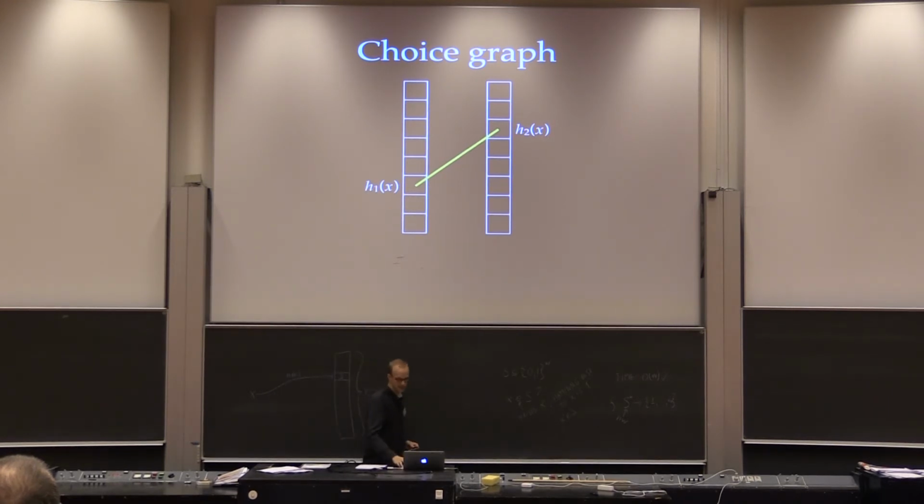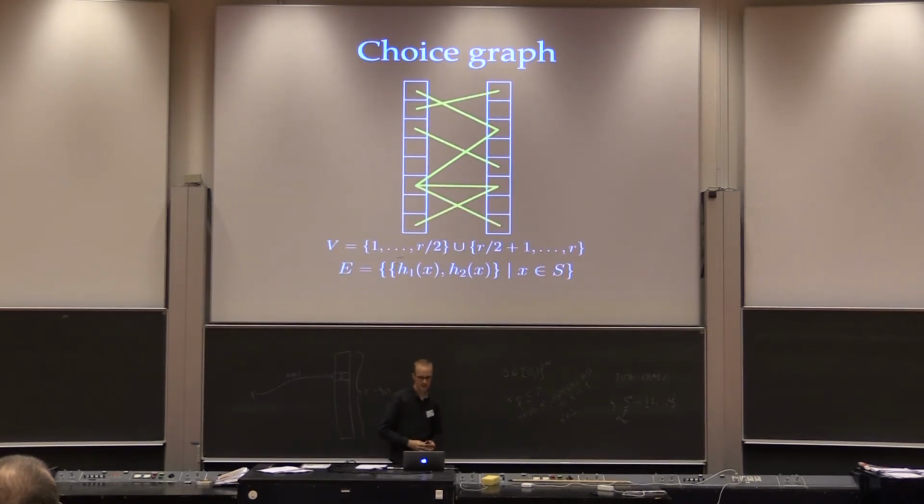So the vertices are hash values and the edges are pairs of hash values. And let's just assume that one hash function maps to the range 1 up to r/2, and the other one maps to r/2 up to r. Okay, but we draw the graph in this bipartite way.